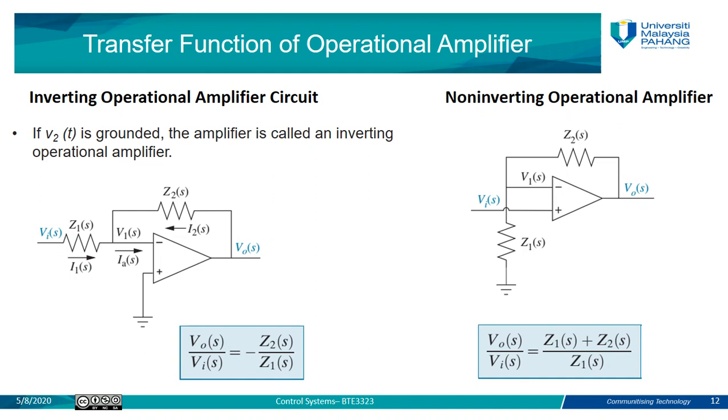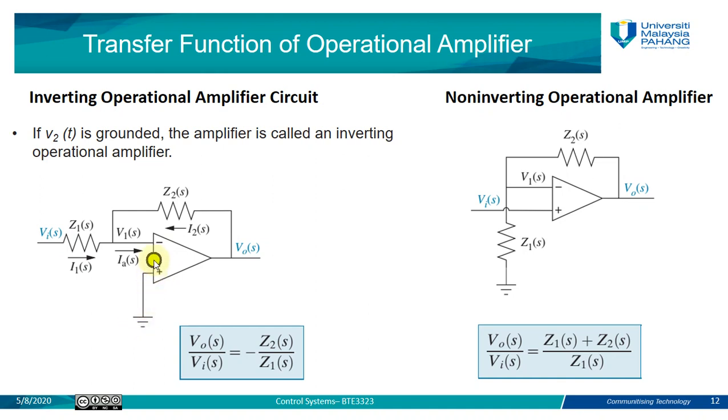All these features make it a good candidate to be used in the control system. The operational amplifier has two inputs, V1 and V2, and we have two types: the inverting operational amplifier and the non-inverting operational amplifier. In the case of inverting, the positive terminal, V2, is connected to the ground.